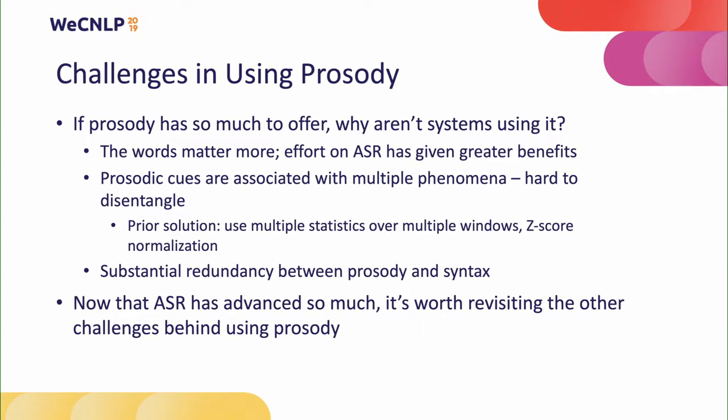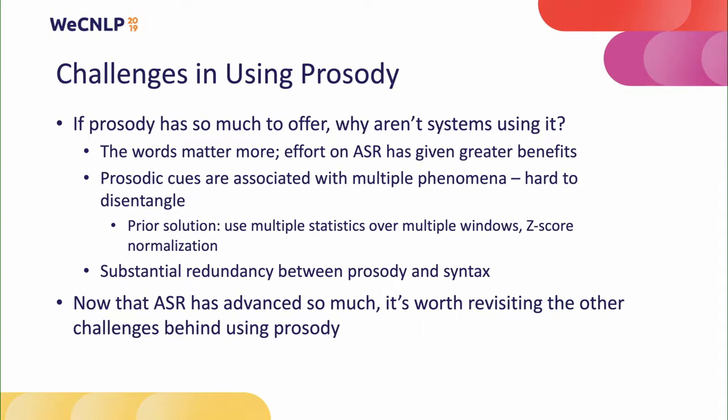A second reason is that it's really hard and not well understood. In that list of things that I gave you, all of these things end up affecting the prosody. The words affect the prosody because some sounds are longer than others. Emphasis affects the duration and the fundamental frequency.